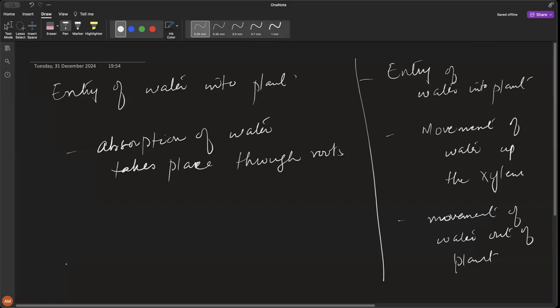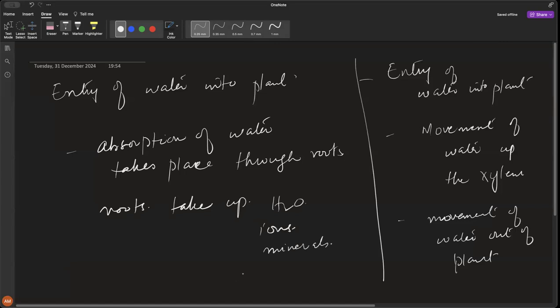Roots do not only absorb water, but they're also absorbing mineral salts and ions. So roots take up water, ions and minerals.